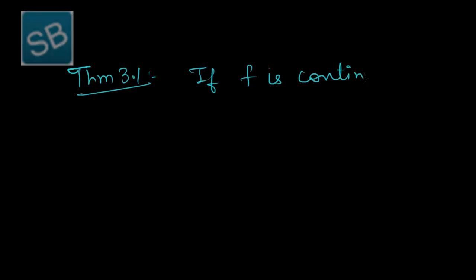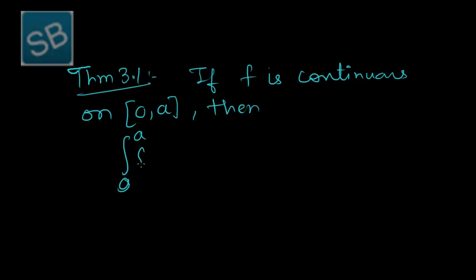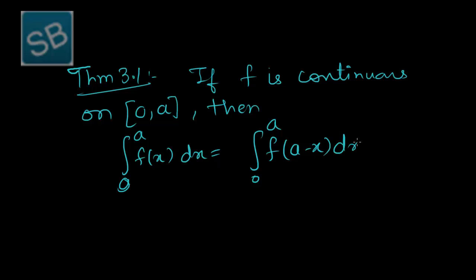Now we are going to solve some problems of definite integration, which will make our problems very easy. So, theorem 3.1: if f is continuous on the closed interval 0 to a, then integral 0 to a f of x dx is equal to integral 0 to a f of a minus x dx.